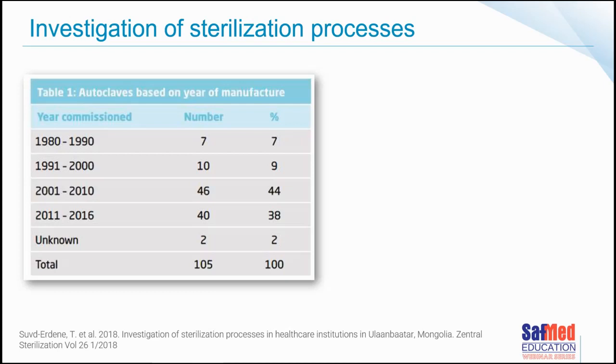So 7 of them installed between 1980 and 1990, 10 between 91 and 2000, 46 between 2001 and 2010, and 40 between 2011 and 2016, and 2 of them they had no idea. It would be very, very interesting to conduct that same research in the South African setting. I'd really love to know how old our installed base of autoclaves and sterilizers are. Would be very interesting.